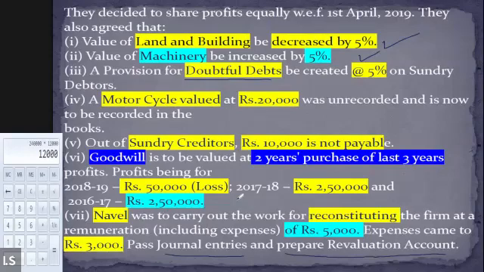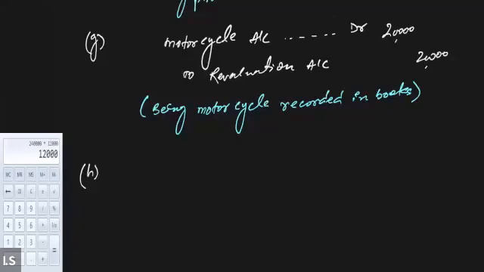Since the liability is decreasing, and I've told you that whenever liability decreases, we show it on the credit side of the revaluation account. Since there is a decrease in the value of the creditor, on which side of the revaluation account will we show it? On the credit side. I hope this is clear. Yes, sir.